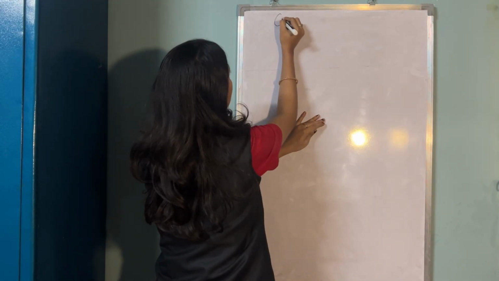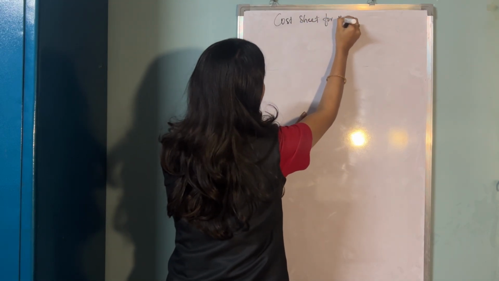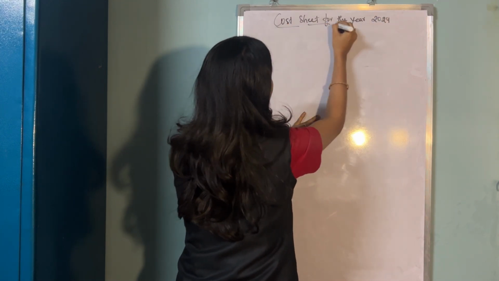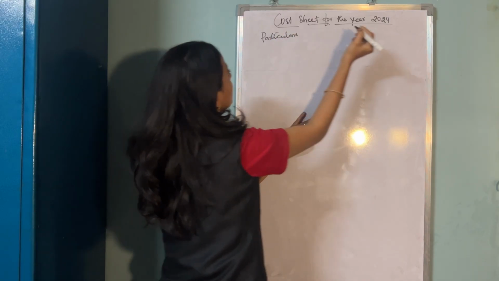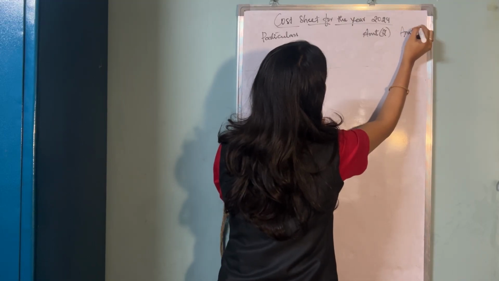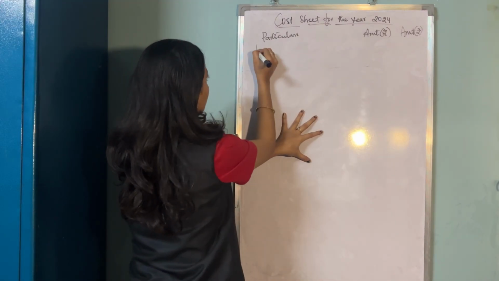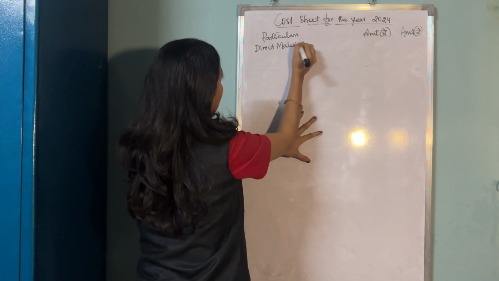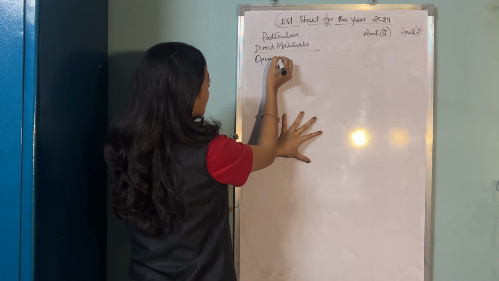So what would be our head? Cost sheet or statement of cost for the year 2024. Particulars, amount. Firstly, direct materials. Direct materials amount is not given, we have to do the calculations.